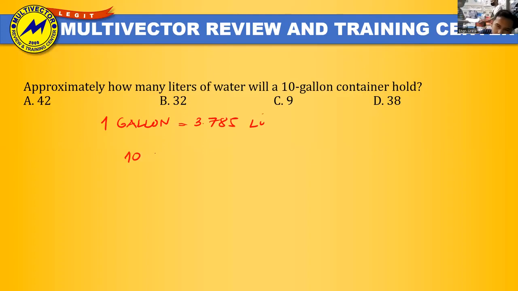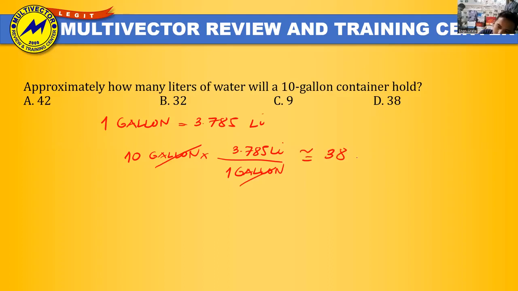For a 10 gallon, convert nyo lang. So cancel yung gallon. So our answer is approximately equal to 38 liters. So letter D. Ganun lang siya, conversion of units lang siya.